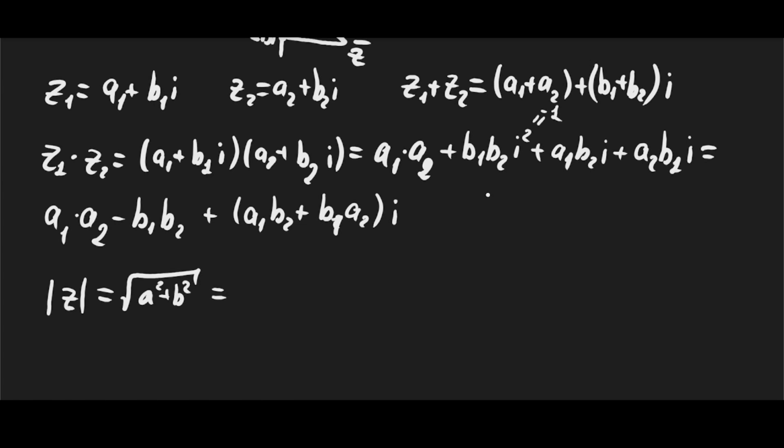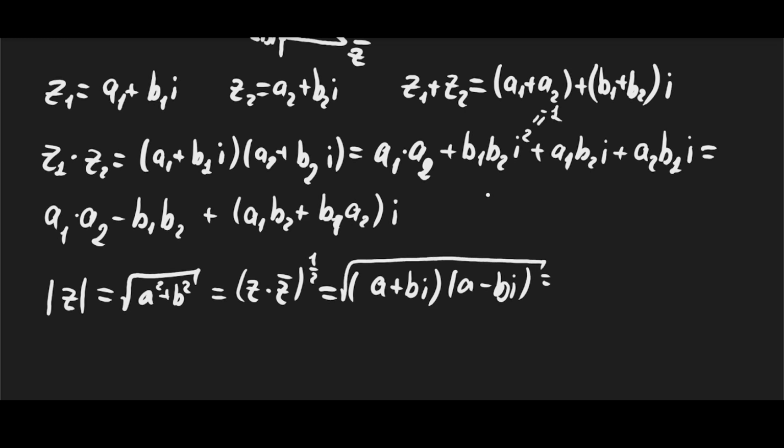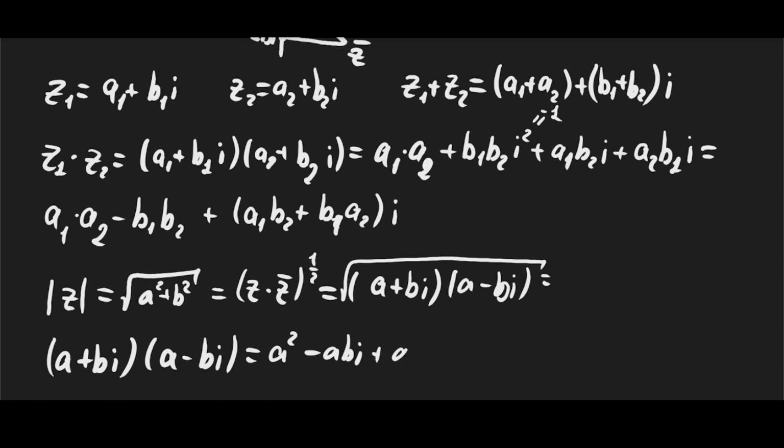And if you notice z times z conjugate, under the root, this would be exactly the same thing, because this would be a plus bi times a minus bi. And we can see that a plus bi times a minus bi would be just a square minus abi plus abi minus b square i square.